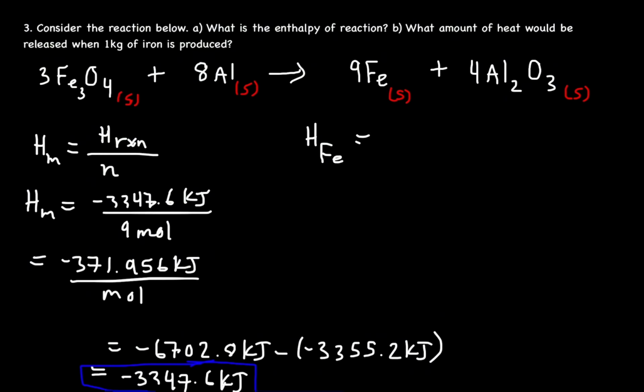And how do we know how much mole of iron we have? We know that mole is equal to mass over molar mass. We know that the mass of iron is 1000 grams and the molar mass of iron is 55.85 grams per mole.